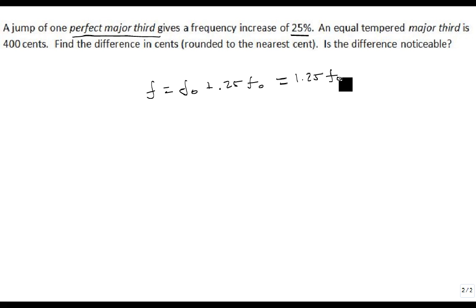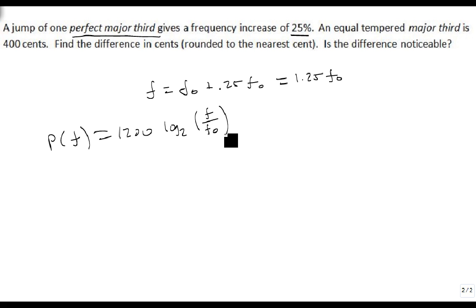Well, we have a formula that tells us that P of F, this is the pitch formula, if we know the frequency, is equal to 1200, that's how many cents are in an octave, times log base 2 of F over F naught.